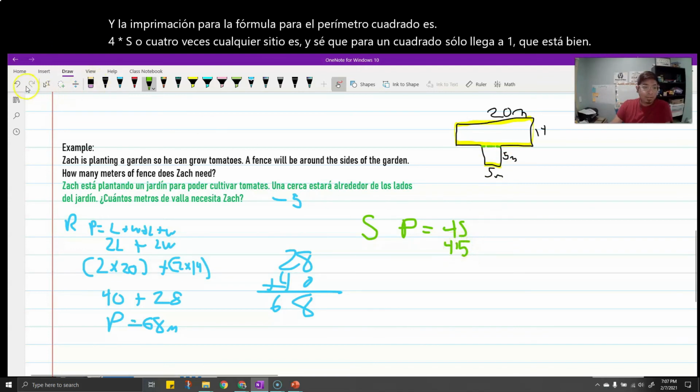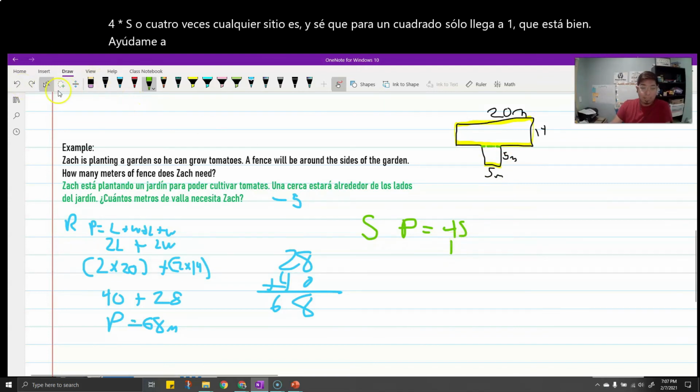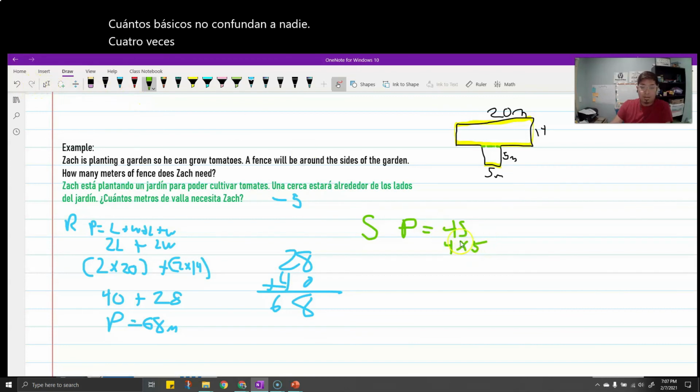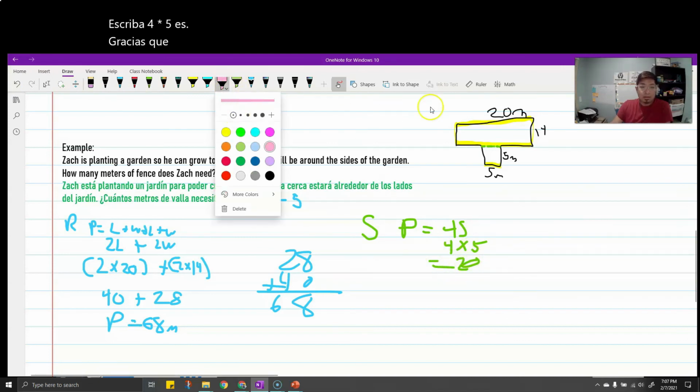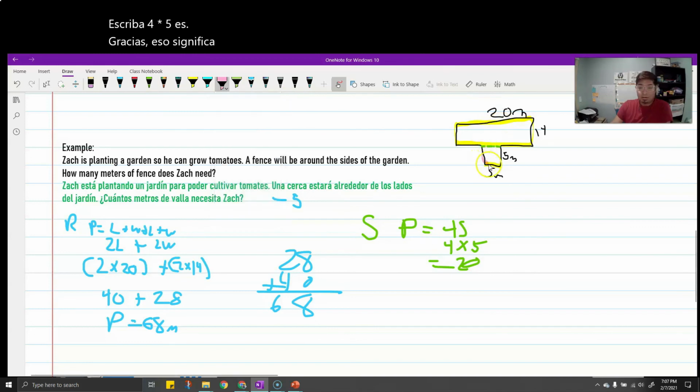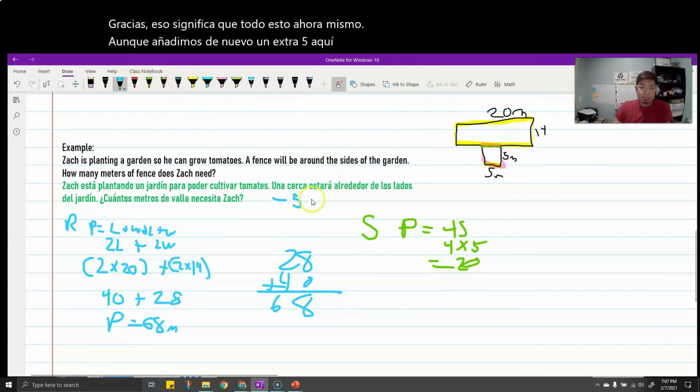Oh, let me erase that because I don't want to confuse anybody. 4 times 5, and 4 times 5 is 20. That means that that's all of this right here. Oh no, we added an extra 5 right here. So we're going to take away another 5, which means that we're going to take away 10 in total.